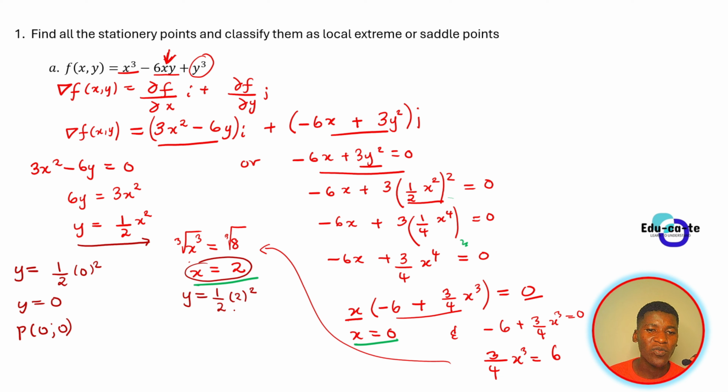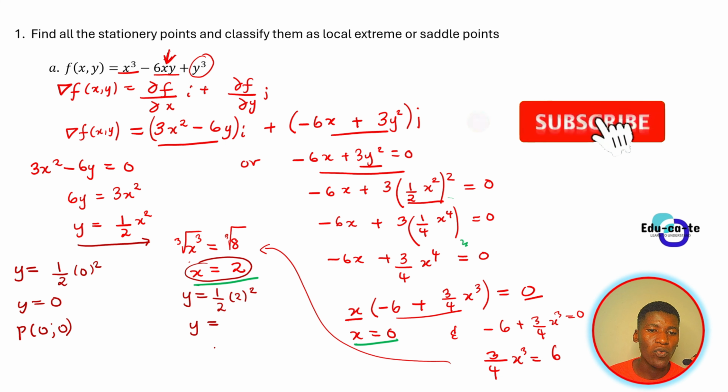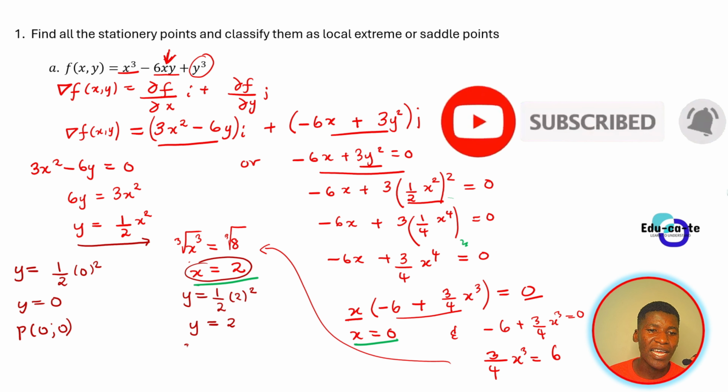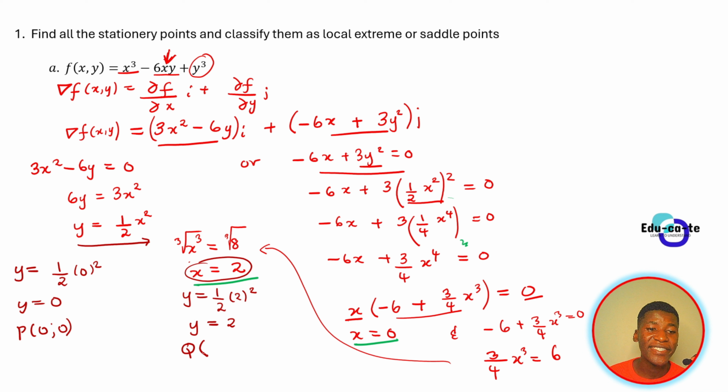In this case, this is 1 over 2 times 4, and this is just half of 4, which will give you 2. So here, another stationary point, Q, will say that when x is 2, y is also 2. Here we go. So you've got two stationary points in this particular case.